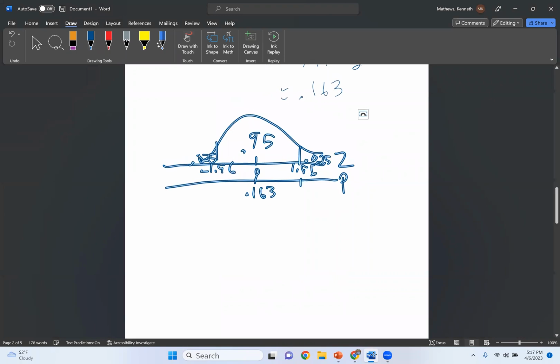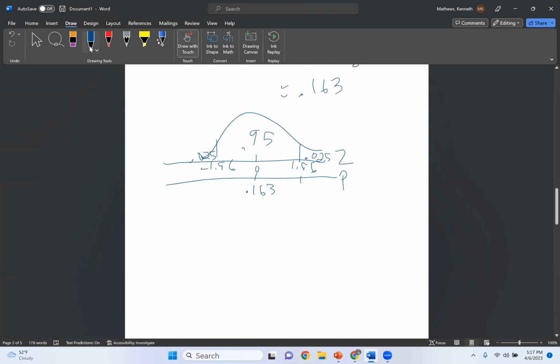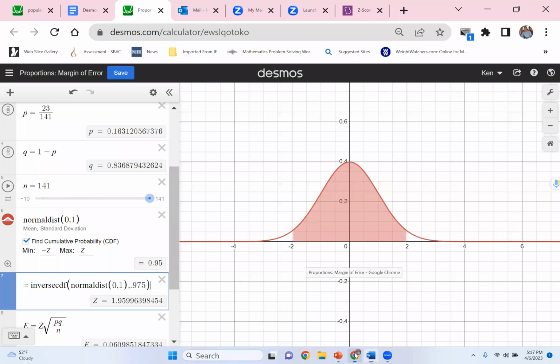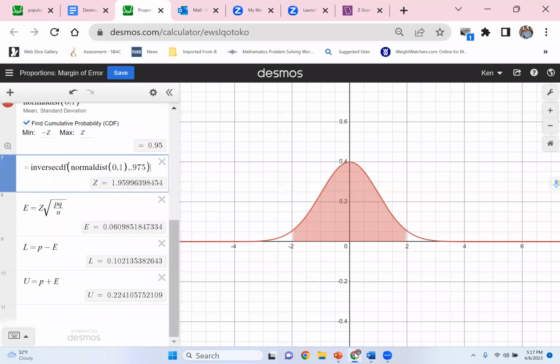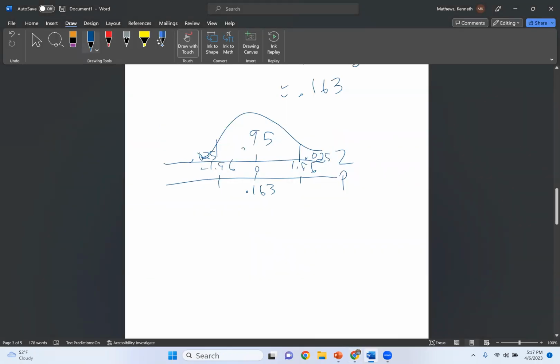Now we have to find, we don't want that. Okay. This would be our lower limit, and that would be our upper limit. So our lower limit is 0.102, and our upper limit is 0.224. 0.102 and 0.224.